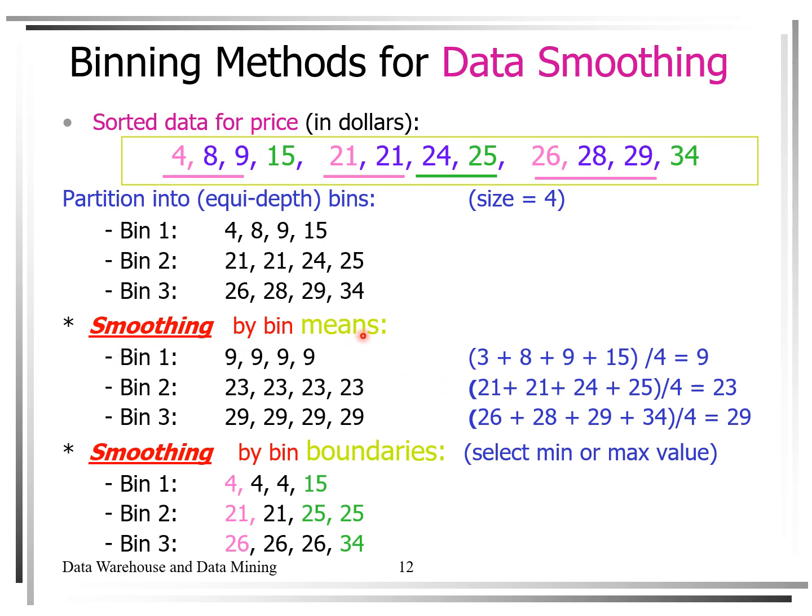So what will happen is that for each bin, we will be calculating the mean. So bin 1 is, this should be 4, this is a mistake. So 4 plus 8 plus 9 plus 15 divided by 4. I'm not sure the number is correct, but this should be 4. Okay, correct it in your slides, please.